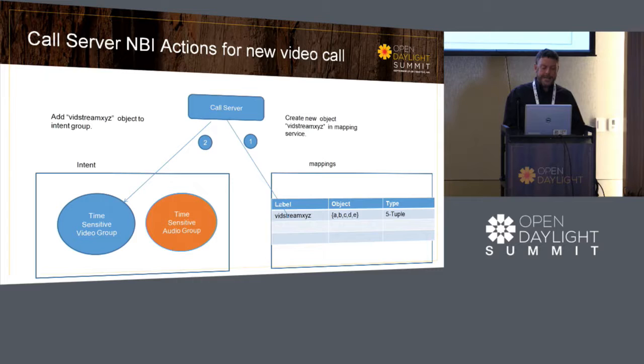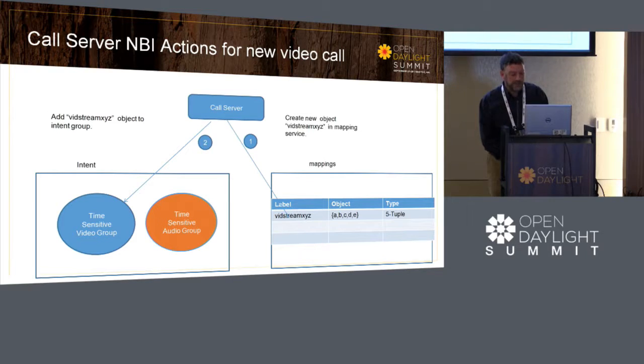In the universal communications use case, what it means to do this based on intent rather than the more traditional model is this: we are working with a Skype call server, and every time it sets up a new audio or video session, it randomly assigns a TCP or UDP port.